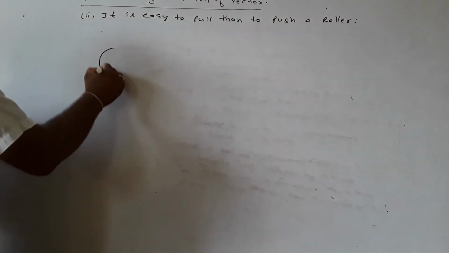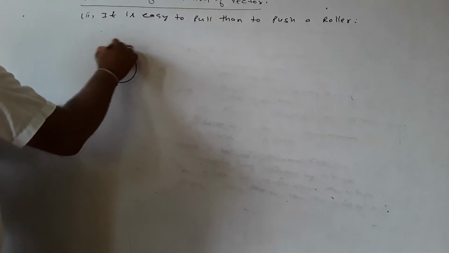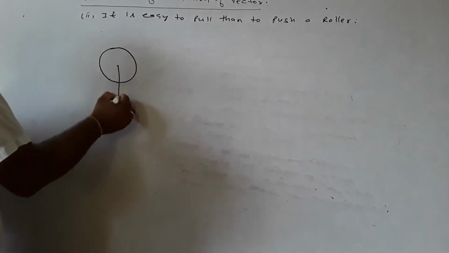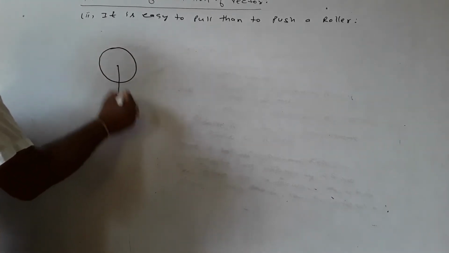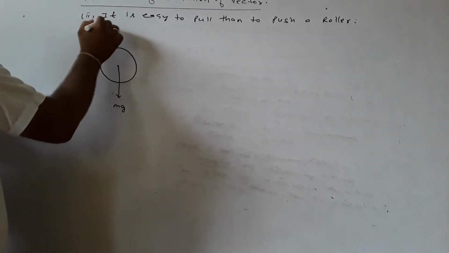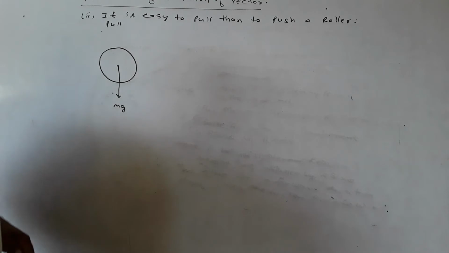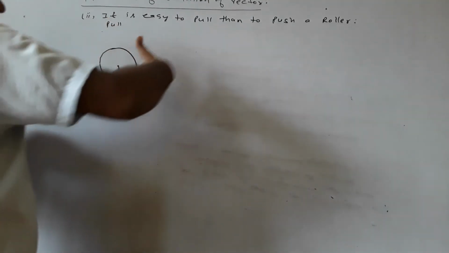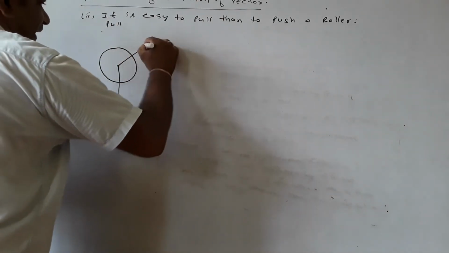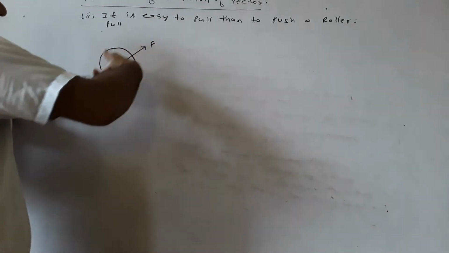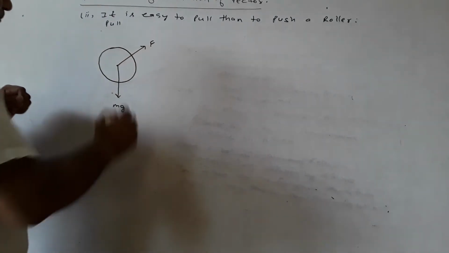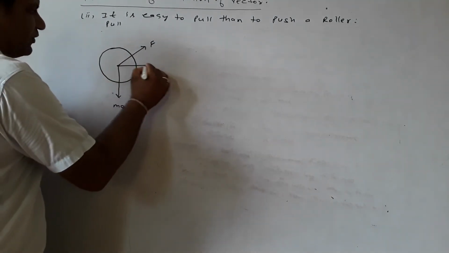Now, this is a garden roller. Its weight mg is acting downward. This is a case of pull. In the case of a pull, the person applies the force. This is force F, which makes an angle theta with the horizontal.